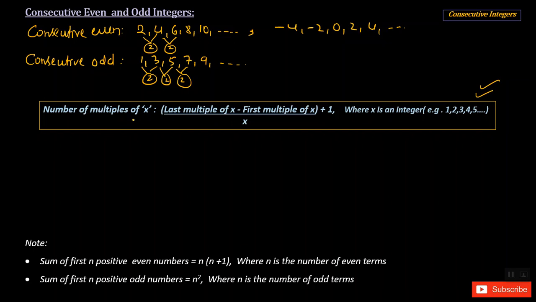So the number of multiples of x, where x is an integer, x may be 1, 2, 3, 4, 5, 6, any, is given by the last multiple of x minus first multiple of x divided by x. So here when I am saying divided by x, this is basically the common difference.